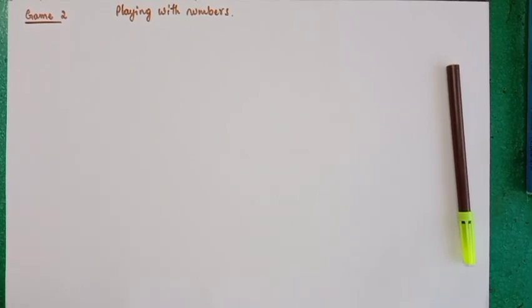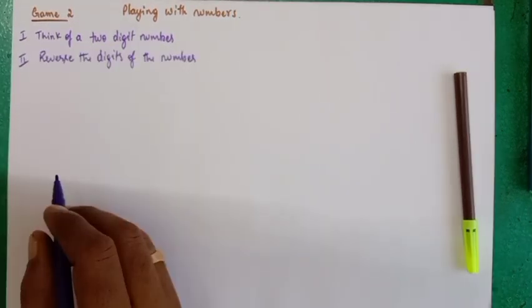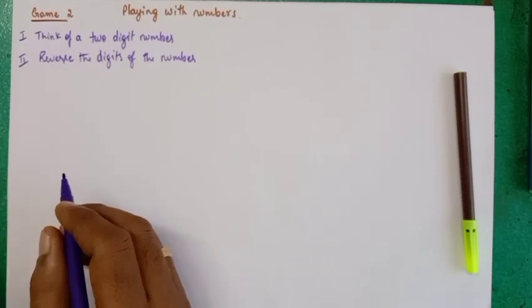Game 2, playing with numbers. Let us move on to the next game. Think of a 2-digit number and keep it in your mind. Now, reverse the digits of the number, students.